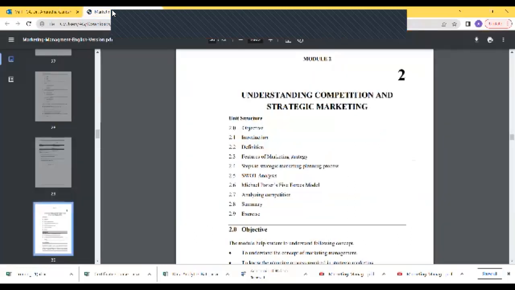Second module is about understanding competition and understanding what is strategic marketing. There are 7 parts in this module.